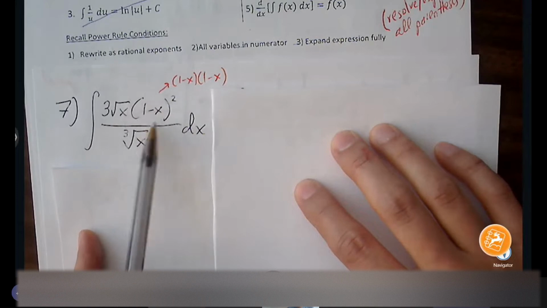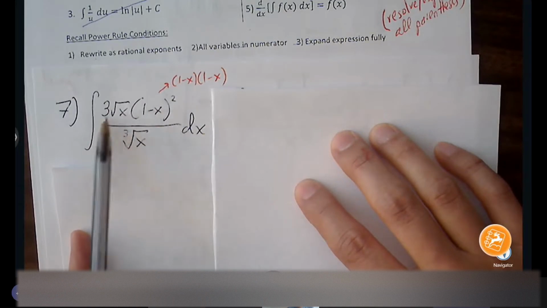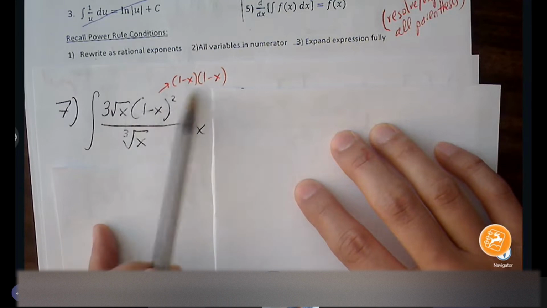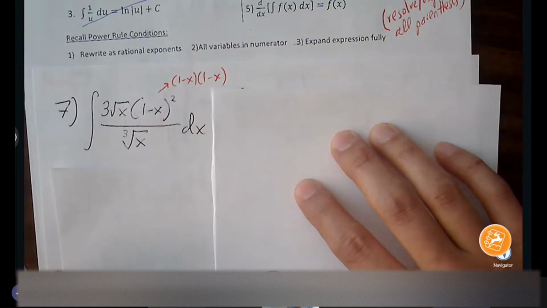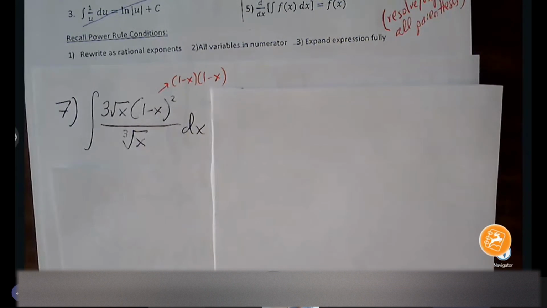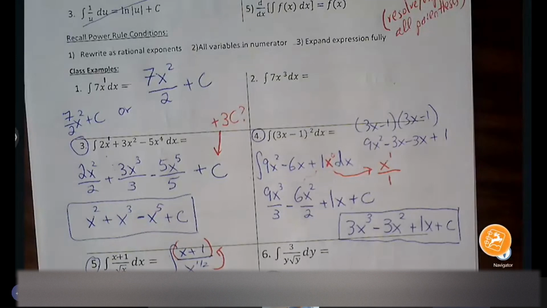So I'm going to look to do a couple of things at once. I'm going to convert these radicals. I'm going to start foiling this out. So 1 minus x times 1 minus x, which becomes 1 minus 2x plus x squared.